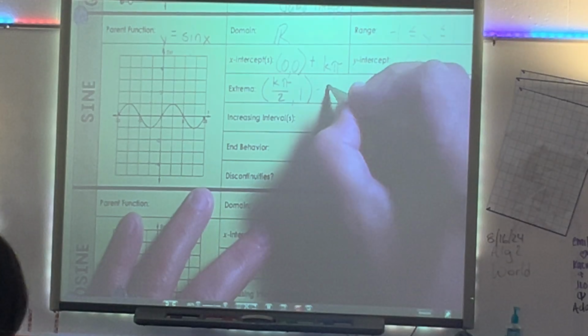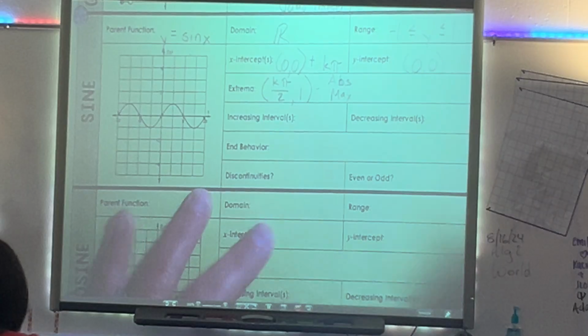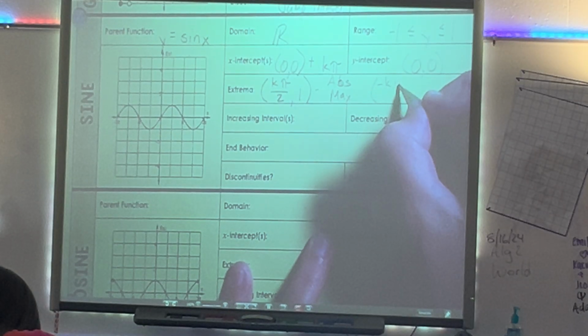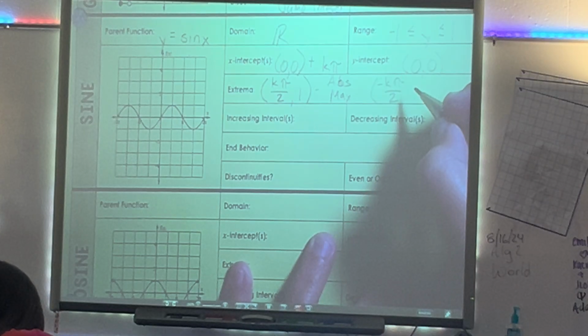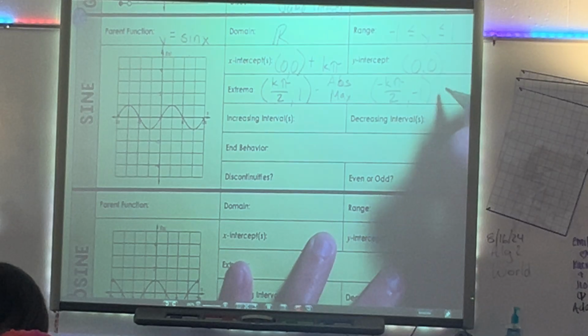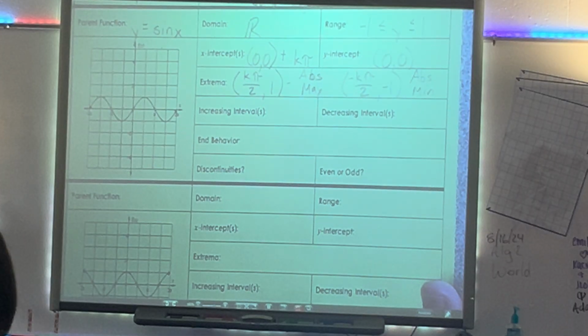That is an absolute max. And then your absolute min will be at -k pi over 2 and -1. So that's your absolute minimum for that. And again, I'll explain what all that stuff means when we get to it a little bit later.